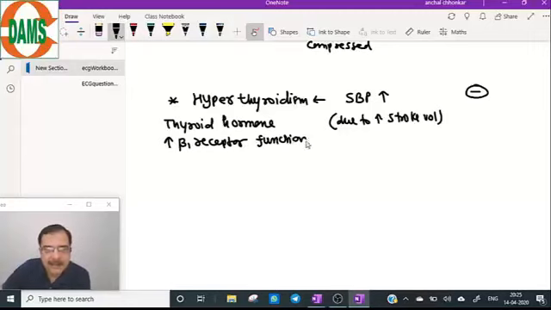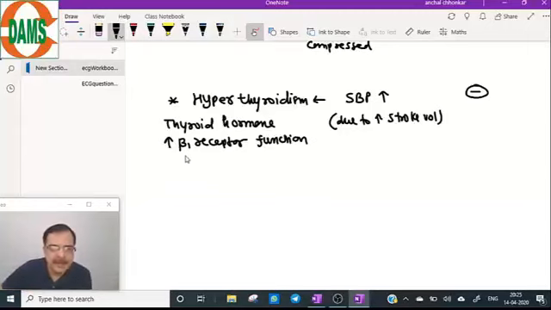Thyroid hormone acts on the beta 1 receptor, and the beta 1 receptor has two functions. One is chronotropic action, second is inotropic action.